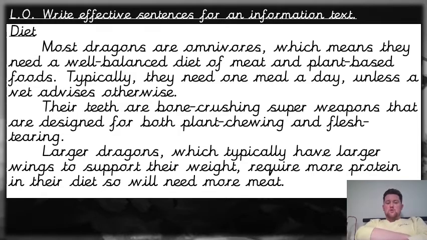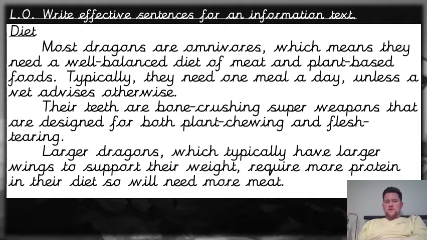Their teeth are bone-crushing, hyphenated word, super weapons that are designed for both plant-chewing, hyphenated word, and flesh-tearing, hyphenated word. Larger dragons, which typically have larger wings to support their weight, require more protein in their diet, so will need more meat.